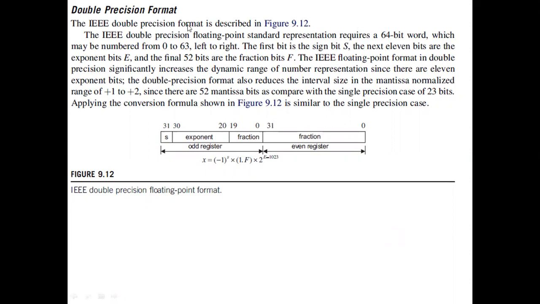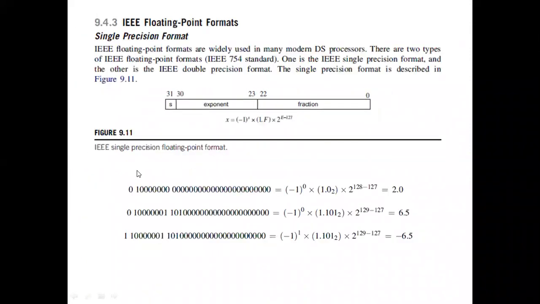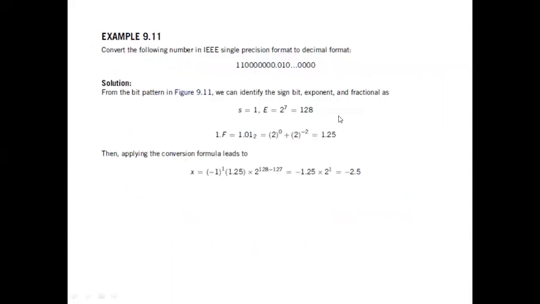Then there is double precision. As I said, the word is precision. Precision is the ability to represent even the smallest of numbers without much deviating from the actual value. So when you say double precision, what has changed? A single precision format had exponent bits from 23 to 30, and the fraction part from 0 to 22, total 23 bits.